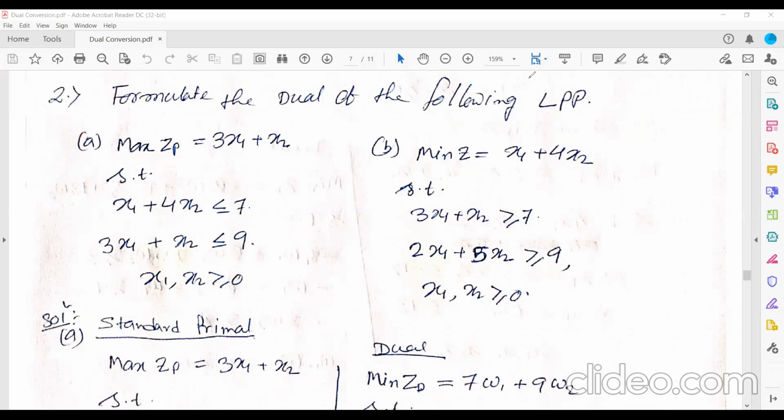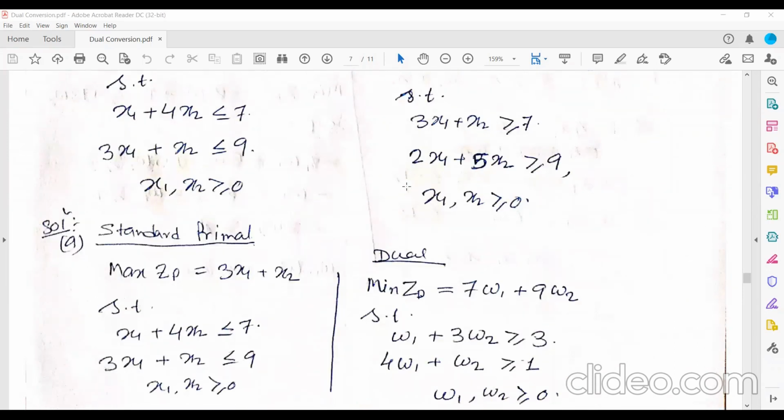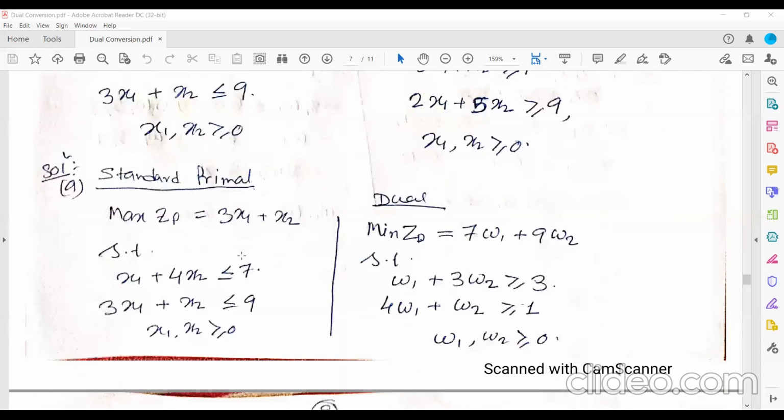So how will you convert it into the dual? Very simple. Let's see here. So maximum will convert to minimum, that is Z suffix D, that means dual. Now this objective function will be 7W1 plus 9W2.